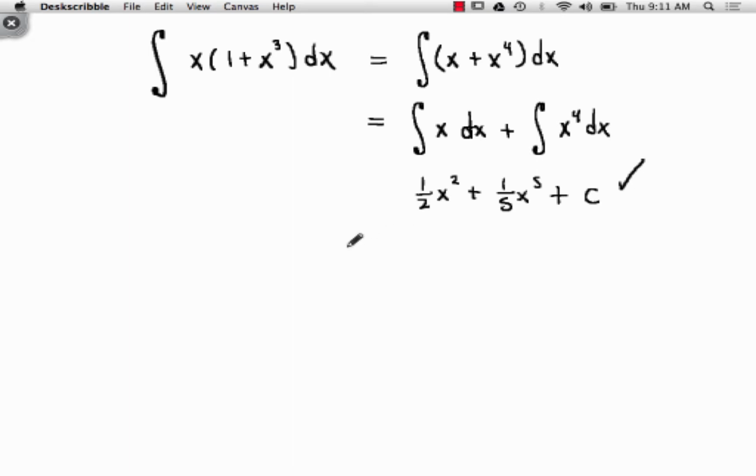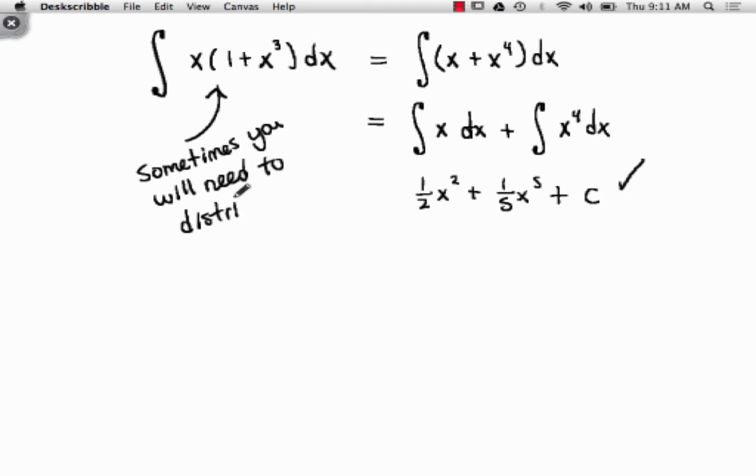That's exactly right. So the rule here is that sometimes you will need to distribute. Doesn't always work, but sometimes it works. Okay?